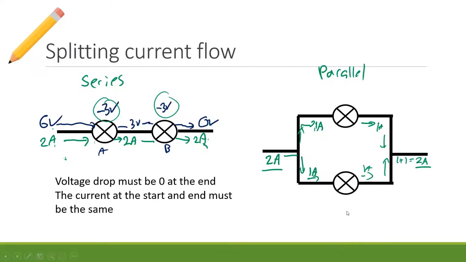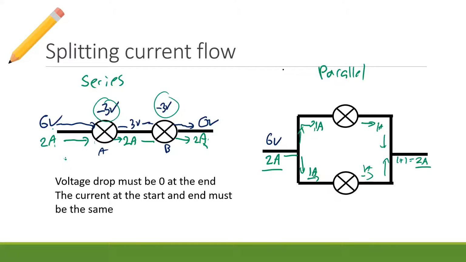But now let's look at the voltage drops. We've got 6 volts here. Now, if the current splits, right, this is the part that students get a little bit lost at. If the current splits, that current, think about the river, still has the same amount of energy.